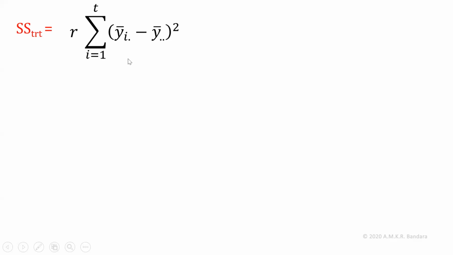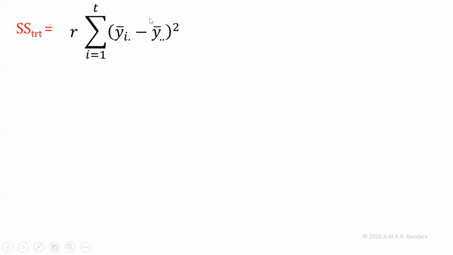Then find the grand average of the data set, the grand mean, that is the total of all observations divided by the number of observations. Then you have the grand average and each treatment average.